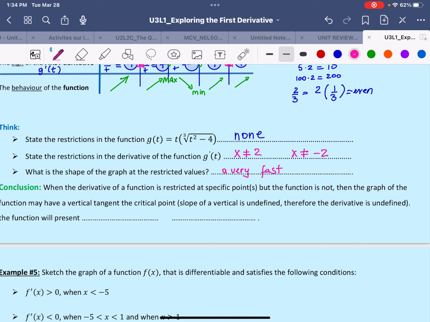And to add more details to it, then we are going to say that the tangents are vertical. Tangents are vertical lines, and the slopes of the tangents are undefined. That's what makes a slope undefined.